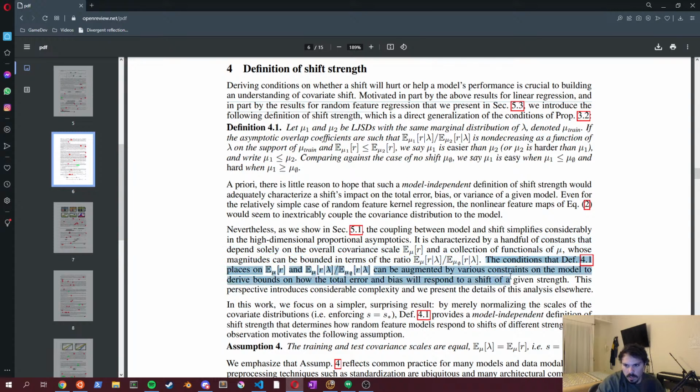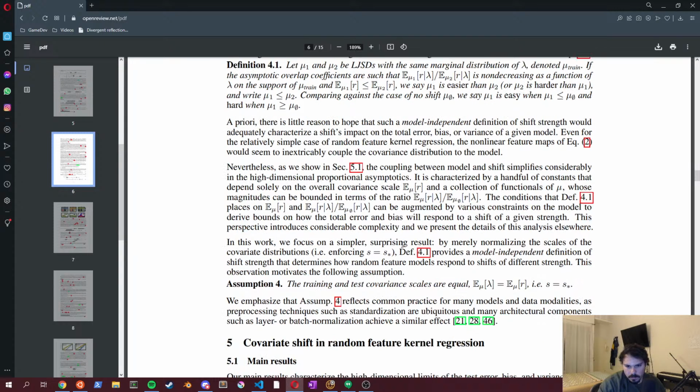The conditions that definition 4.1 place on E mu r and E mu r given lambda over E mu 0 r given lambda can be augmented by various constants on the model to derive bounds on how the total error and bias will respond to a shift of given strength. This perspective introduces considerable complexity, and we present the details of the analysis elsewhere.